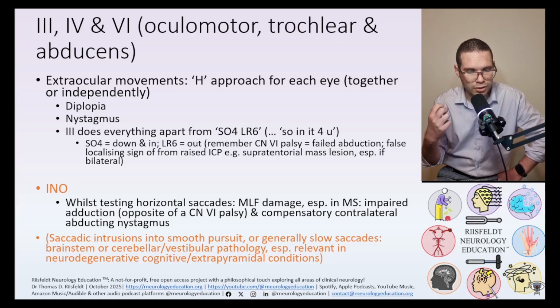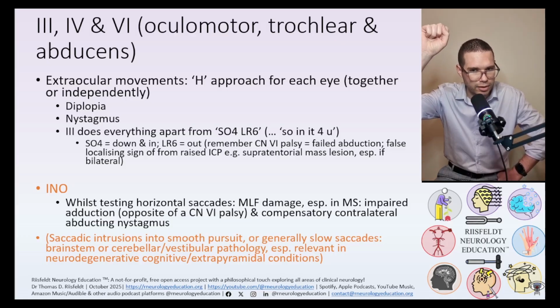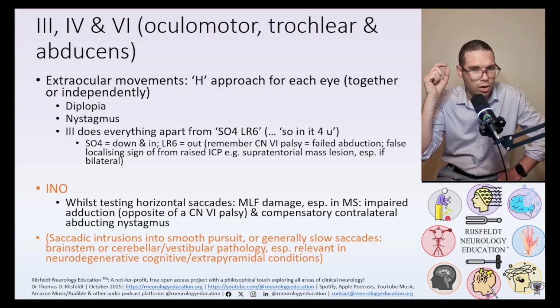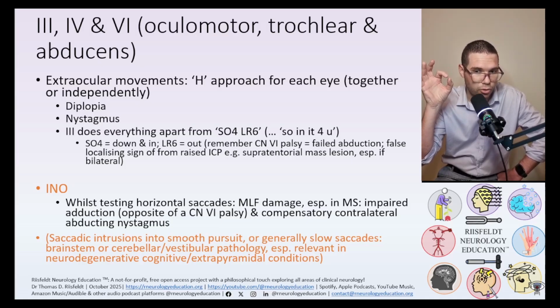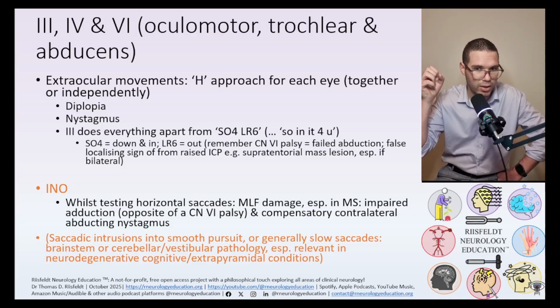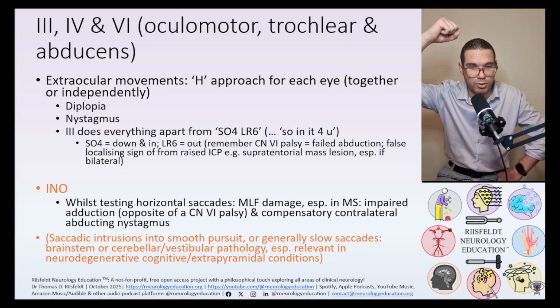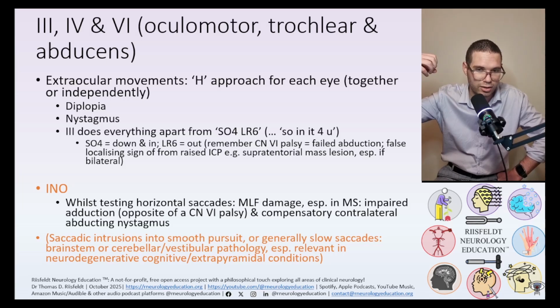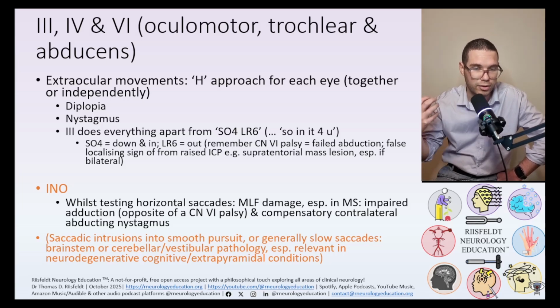So classically, if there's a supratentorial mass lesion causing downward pressure, that can cause stretching of the sixth nerve over the bony structures, and it can cause dysfunction of the sixth nerve without the primary site of the problem having anything to do with the sixth nerve or the nucleus of the sixth nerve in the pons, in the brainstem. It's a problem which is remote to there. Maybe they've got a big tumor or a bleed in the supratentorial region, but it's causing dysfunction of the sixth nerve, so it's a false localizing sign.